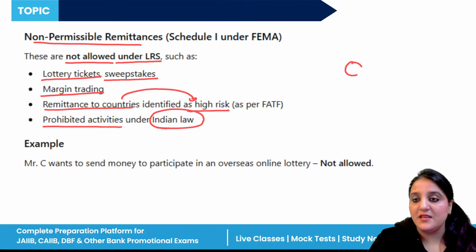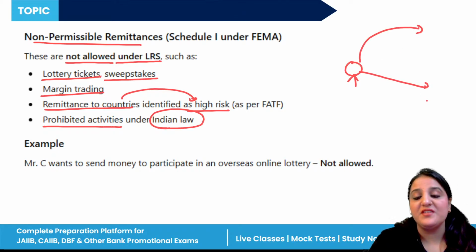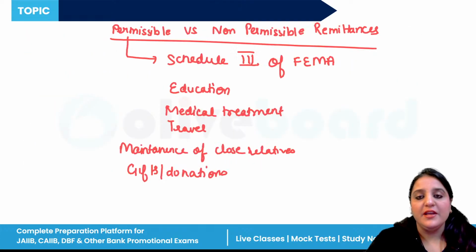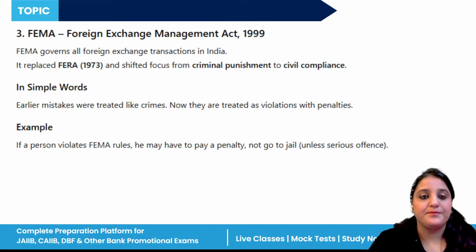If Mr. C wants to send money to participate in an overseas online lottery, that is not allowed under the LRS, and this is a non-permissible remittance under Schedule 1 of FEMA. Clear? So if anybody wants to take a lottery ticket, that is not allowed.